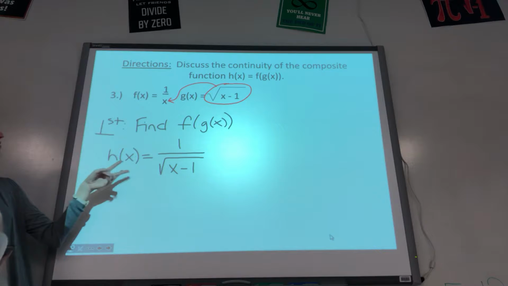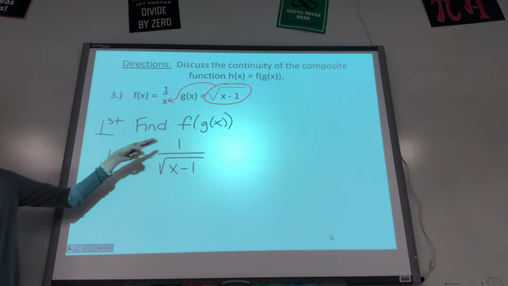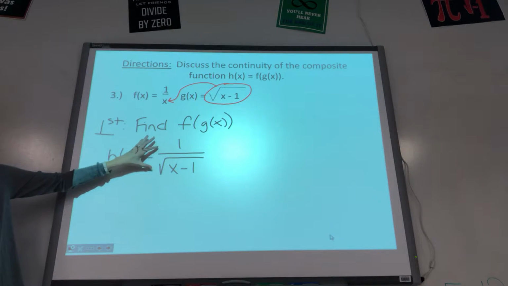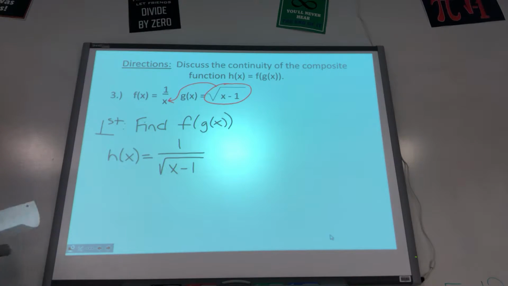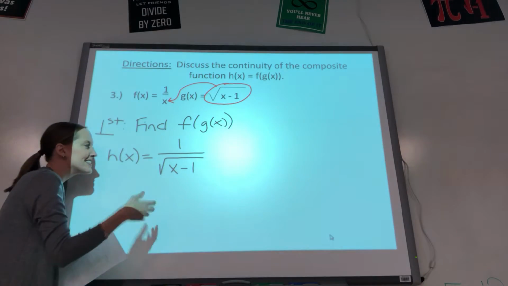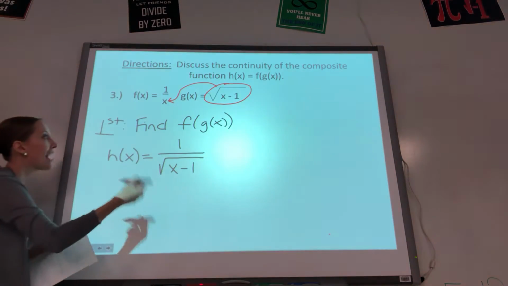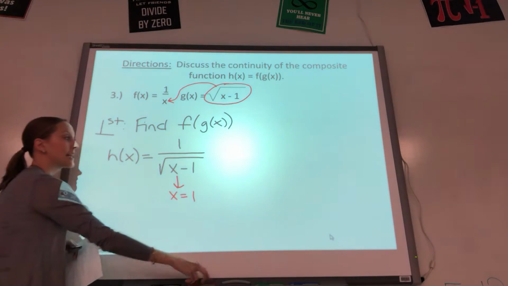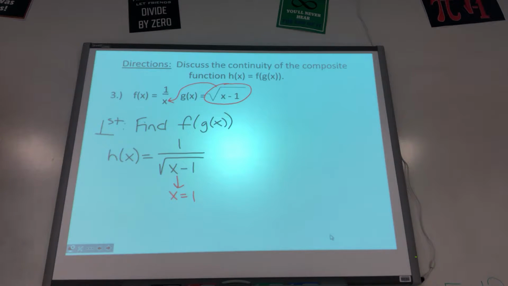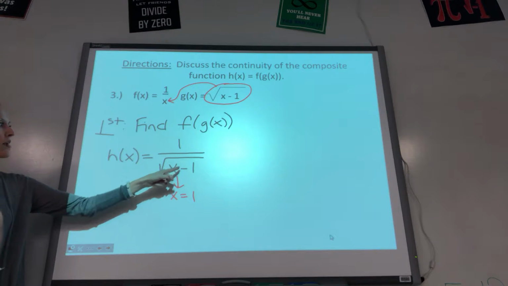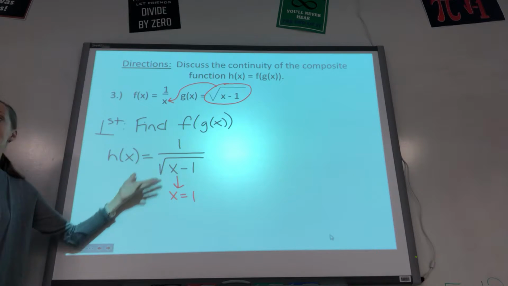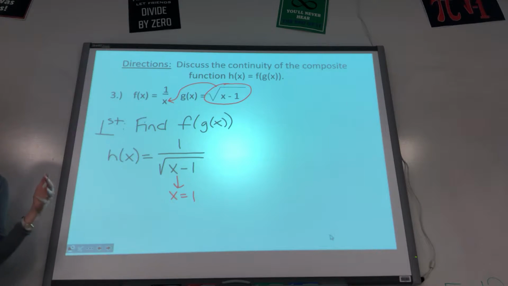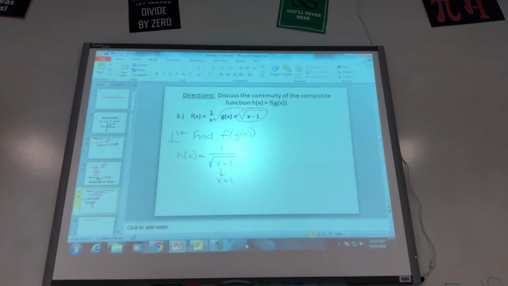So now we have to discuss the continuity of h of x. This is the function that we're going to type into our calculator, and this is the function where I need to find any suspicious x values. I can see right off the bat that I'm a little bit concerned about x equals 1, because if it was 1, 1 minus 1 is 0, square root of 0 is 0, then you would be dividing by 0. So that's the one I'm going to look at closely.